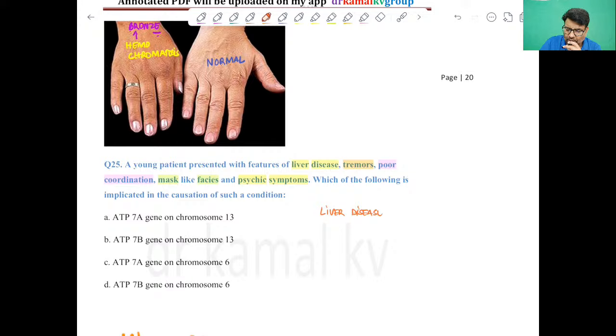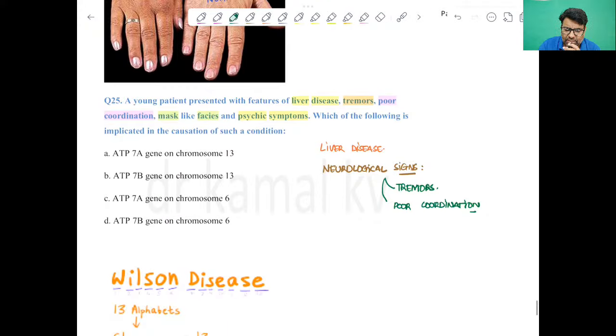Clear? There are neurological signs in the form of tremors, that is shaking of fingers. There is poor coordination. Clear? There are psychic symptoms.